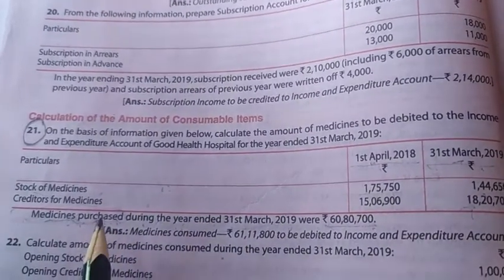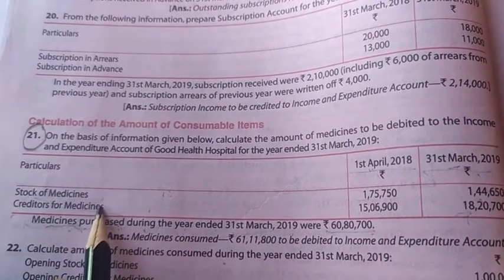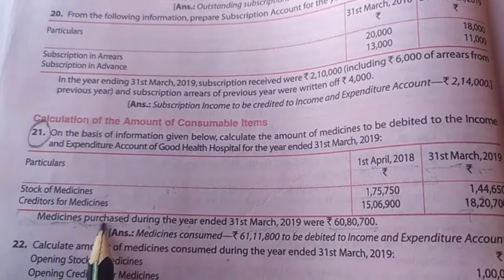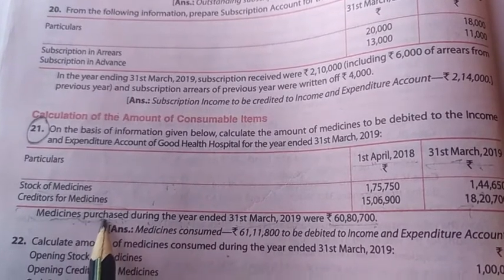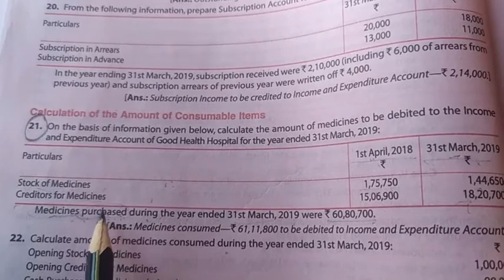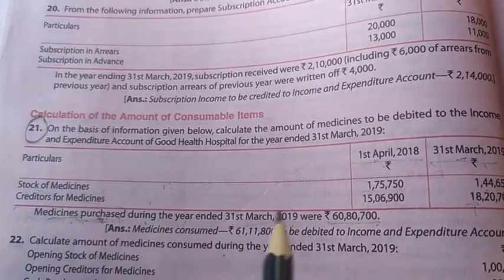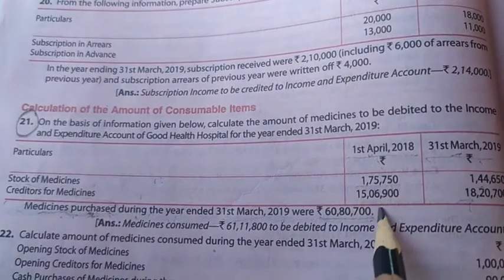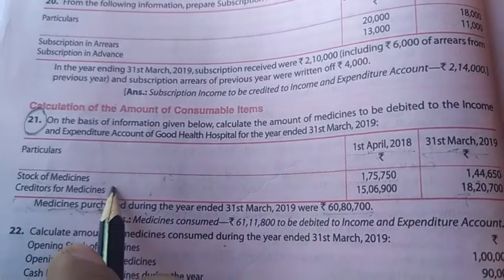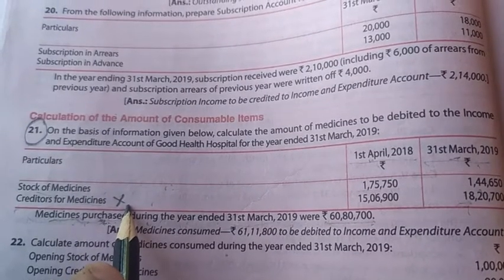Here in this case, we are not going to consider the creditors for medicines, since as I mentioned, this purchase of medicine will be including certain part as credit purchase. So the creditors amount is already involved in this value. So in this case, we are not going to consider creditors of medicine at all during our calculation.